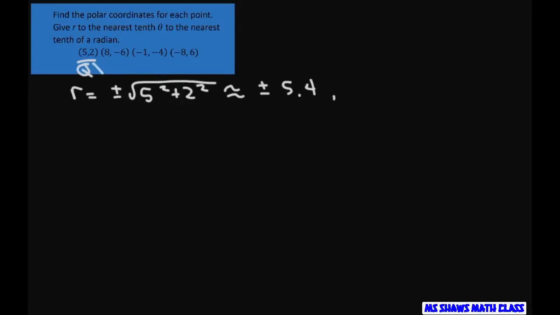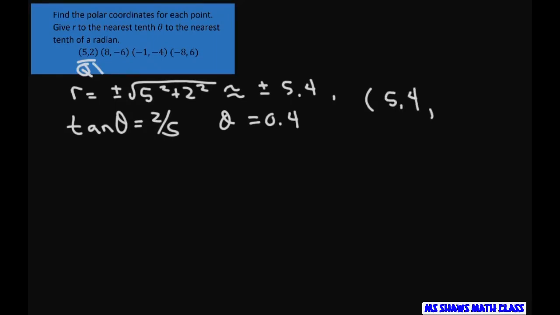So our angle is tan of theta equals 2/5. You can just put that in your calculator, and you get theta equals 0.4. So since we're in quadrant 1, we're just going to use our 5.4, comma, 0.4.